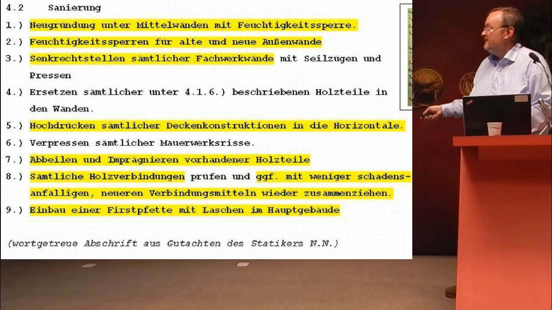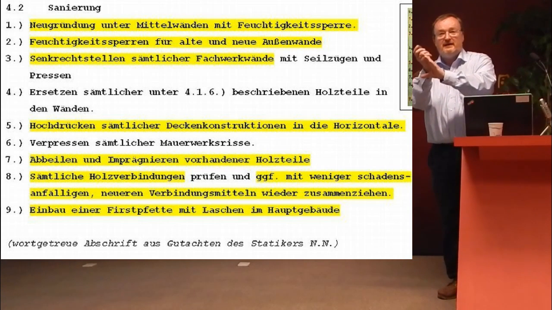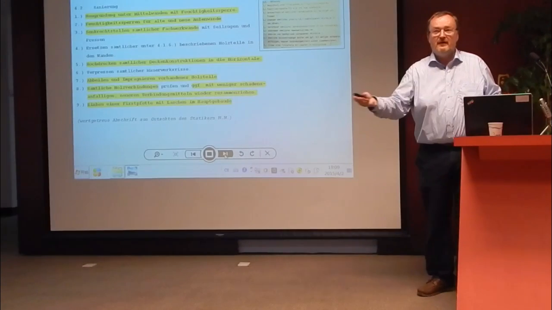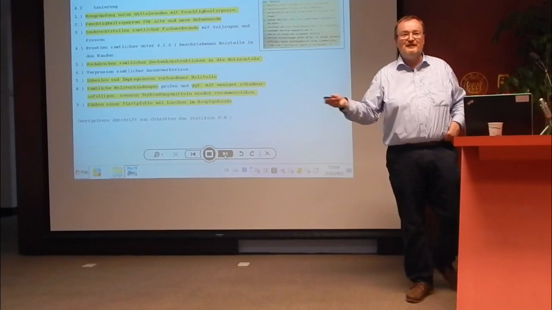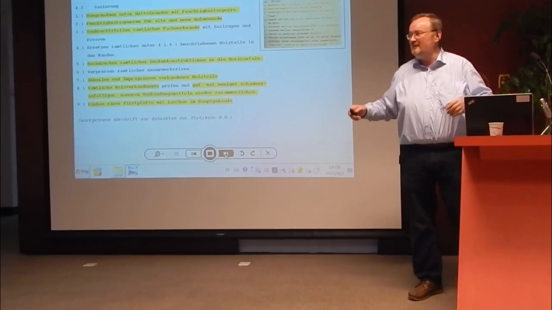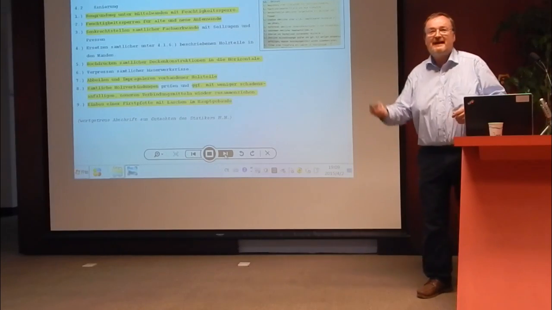That's the expertise. And so he says we must correct all walls which are more than 1% out of the line. And he says we must give a moisture barrier, a horizontal isolation layer in the walls against the rising dampness.